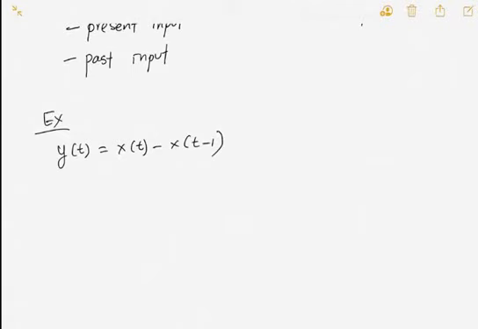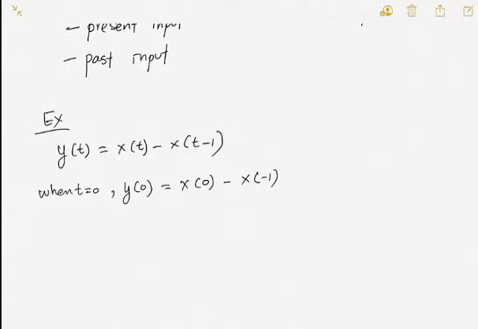Let's check. When t equal to 0, I substitute t equal to 0, so y(0) equal to x(0) minus x(0 minus 1), you have x(negative 1).